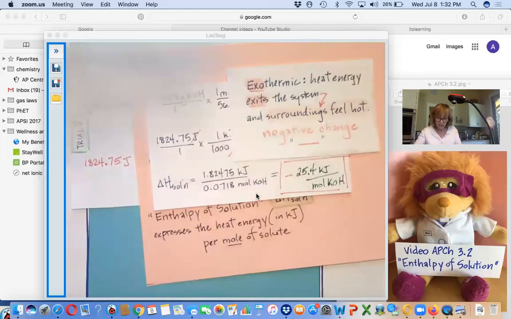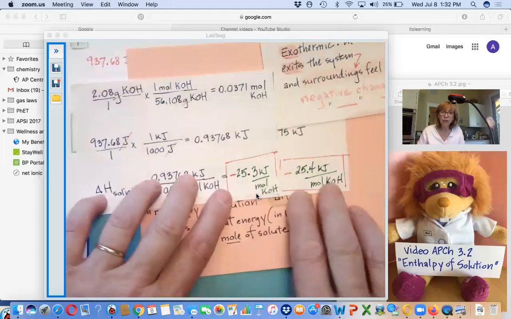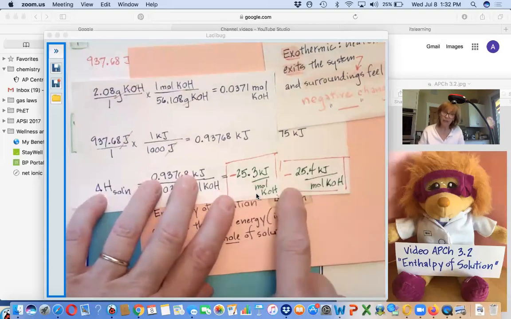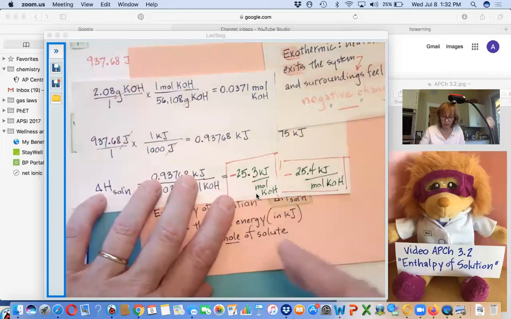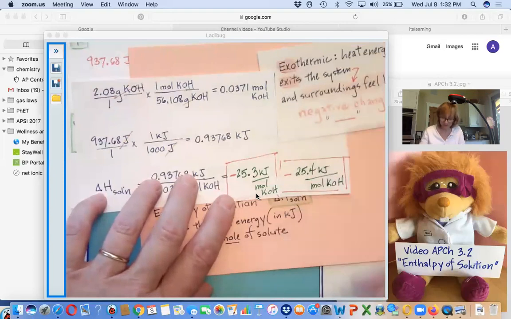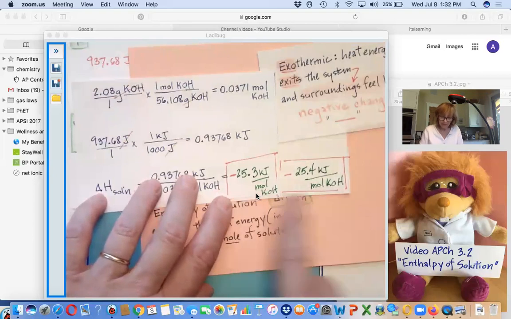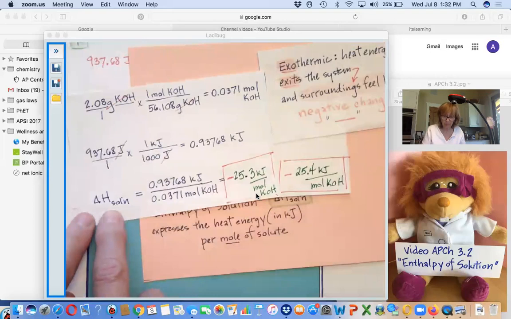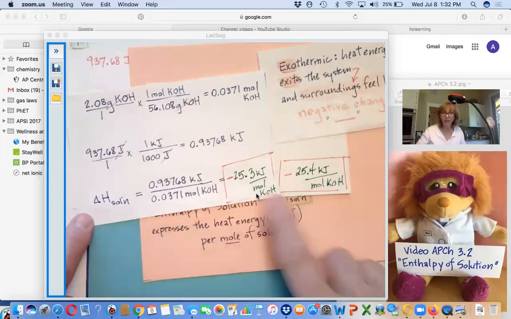Trial 1 and trial 2, notice that they are virtually the same, certainly close enough given that we're doing lab work without the world's most precise instruments. So I get the same value for enthalpy of solution for this particular solute.